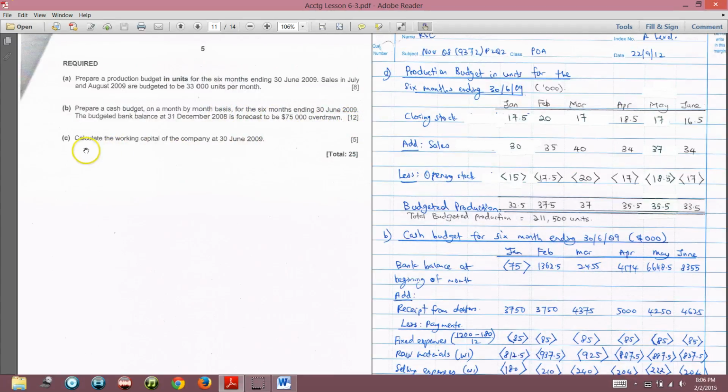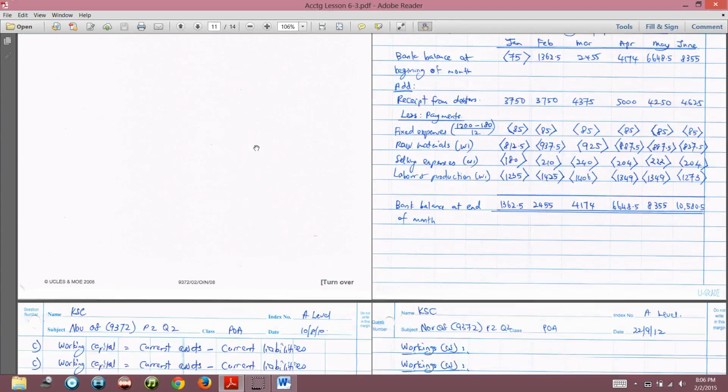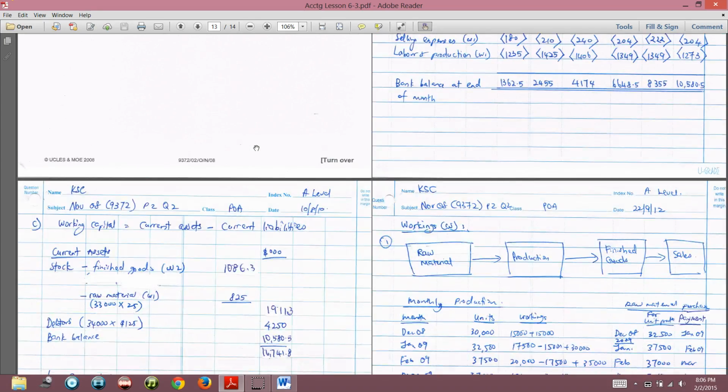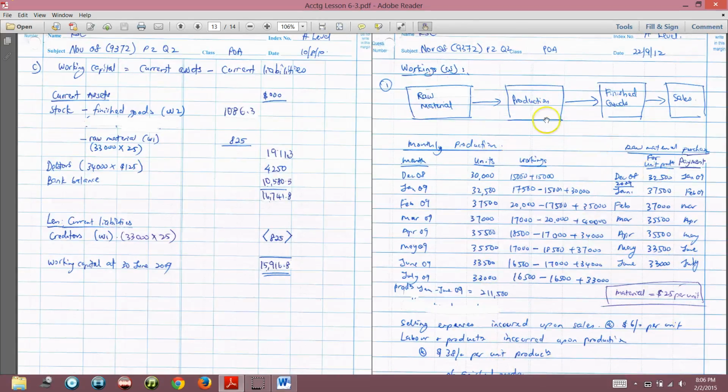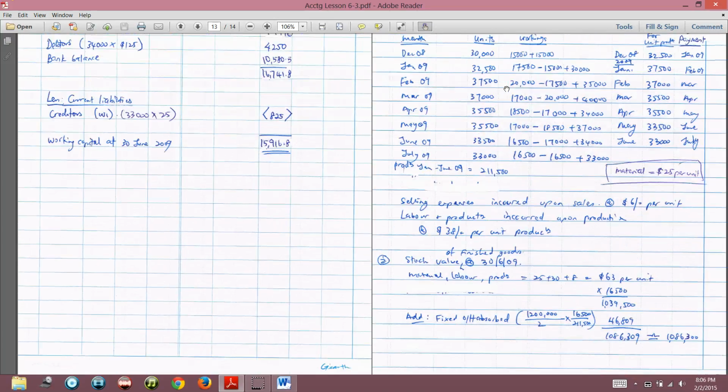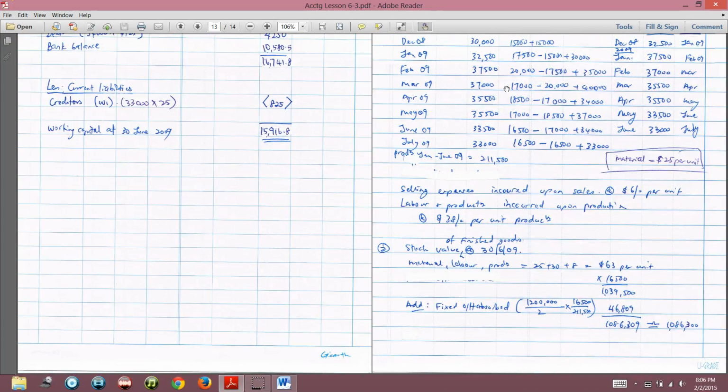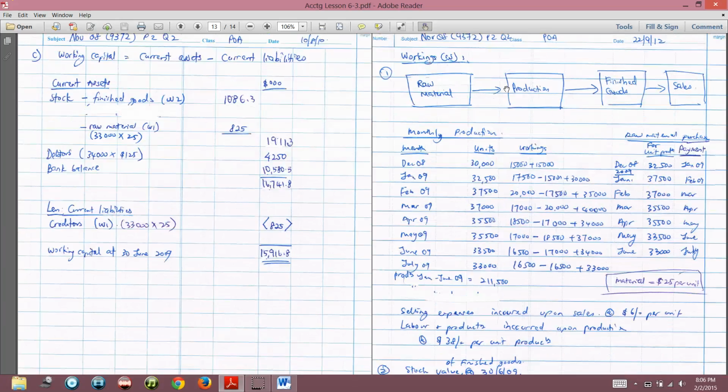So now, calculate the working capital of the company at 30 June 2009. All my workings here, you may not need to care about, because I have already explained how I get all my figures. You can do the workings in your own way. Now working capital equals current assets minus current liabilities.